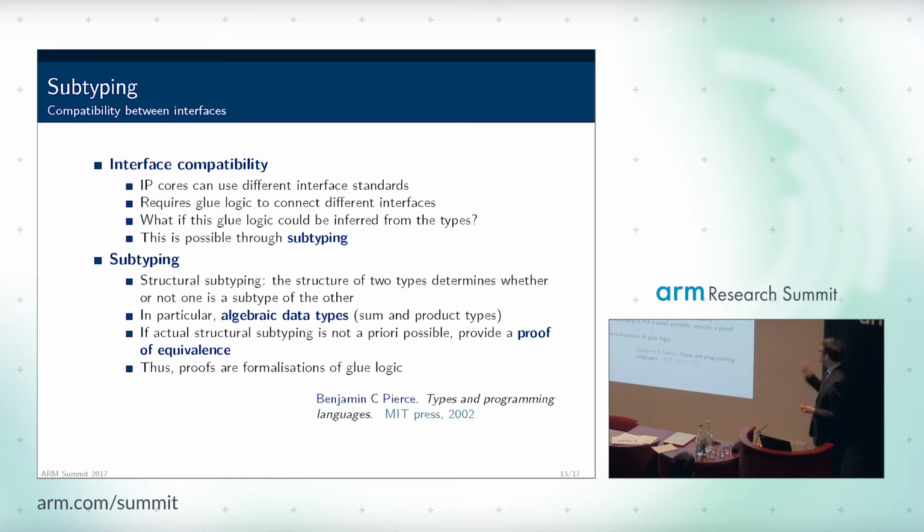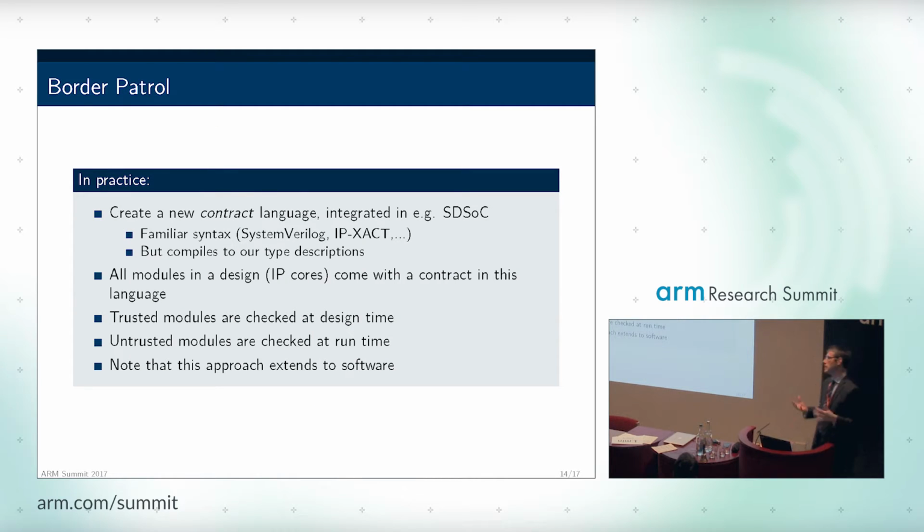And the difference is, well, it's formal, it's a proof, you can actually prove that it's correct. If you can then synthesize your glue logic from that, then your chances of getting it right are much higher. So that's kind of, in short, all the machinery that we intend to use to make hardware design much more reliable, let's say.